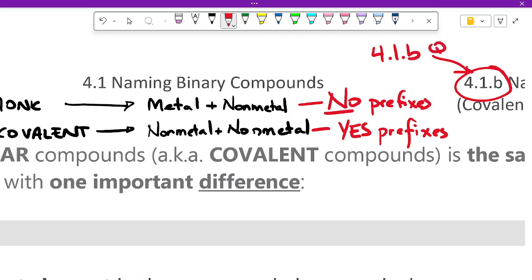This is quiz 2. It is all about the prefixes. What about quiz number 1? Were there any prefixes on quiz number 1? No prefixes on quiz number 1 because quiz number 1 was about ionic.